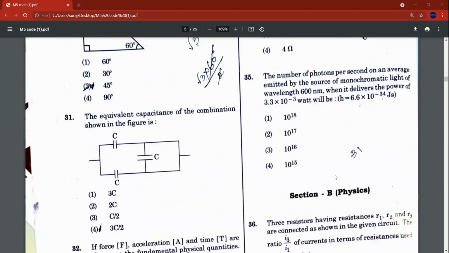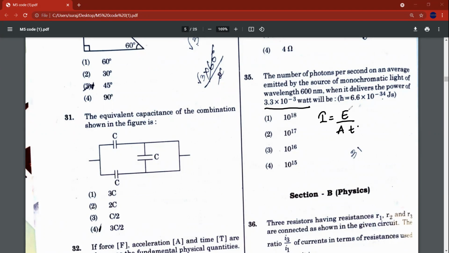The number of photons per second on an average emitted by a source of monochromatic light of wavelength 600 nanometer when it delivers a power of this much watt. So power was what? Intensity is what here? Energy per unit area per unit time.